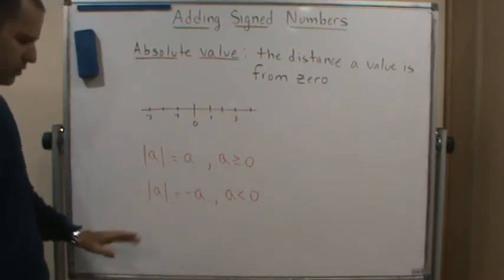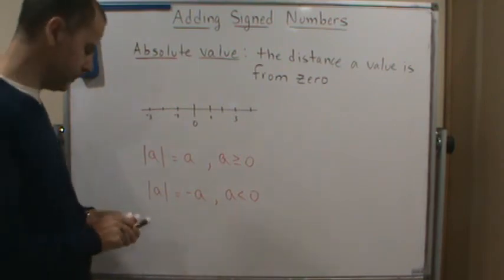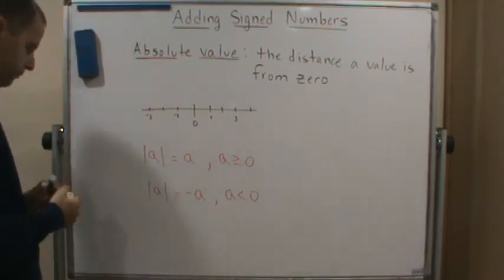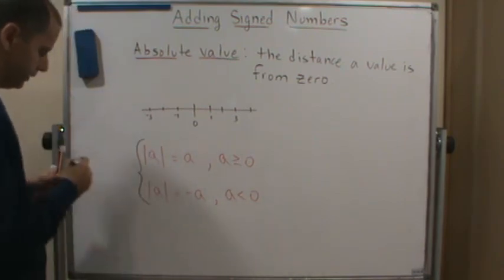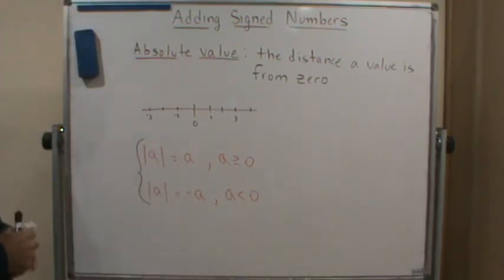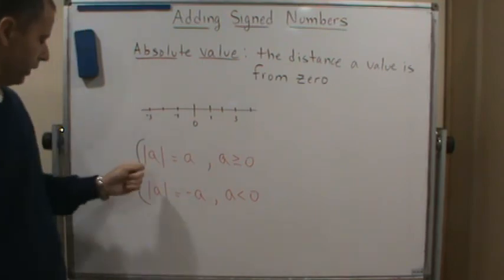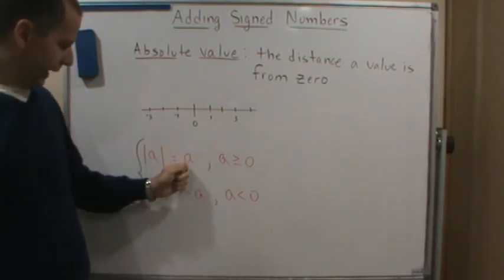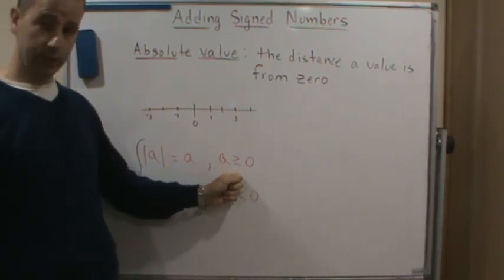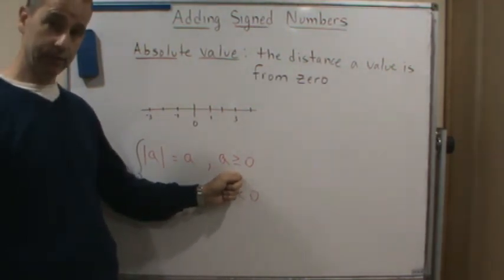The definition of absolute value comes down to 2 parts. So the absolute value of A is equal to A if A is greater than or equal to 0, in other words, non-negative.